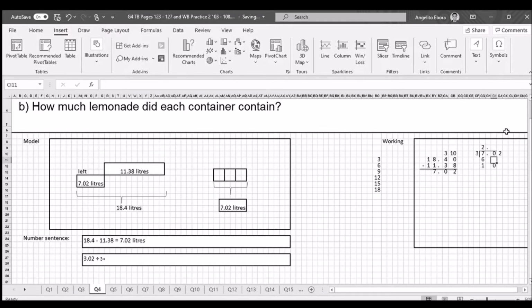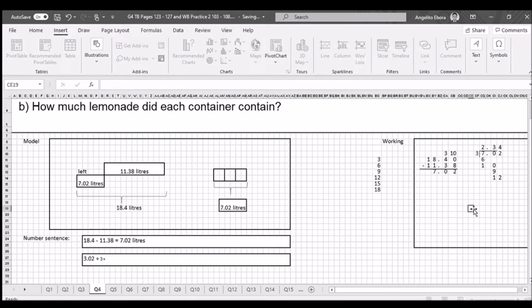So 10 divided by 3 is, so 1, 2, 3, 9. Oh, sorry, 3. And then this one is 9. So 10 minus 9 is 1. Bring down 2. 12 divided by 3, we have 12 here, exactly 12. So 1, 2, 3, 4, 4.